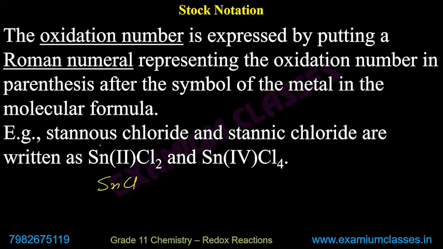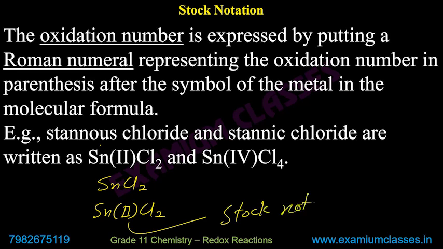Instead of writing SnCl2, it is written Sn, then its oxidation state in Roman numerals, then Cl2. This is known as stock notation. If you are asked about it, the expression of oxidation state in Roman numerals is known as stock notation.